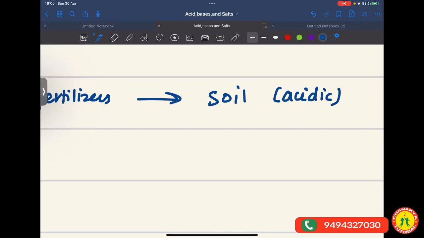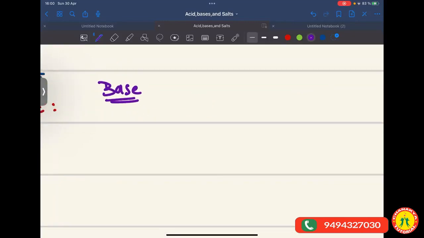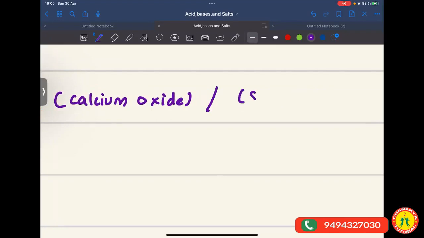So when the soil is too acidic, we add bases. In case your soil is acidic, you add a base, and the base is called calcium oxide, or it's also known as slaked lime.